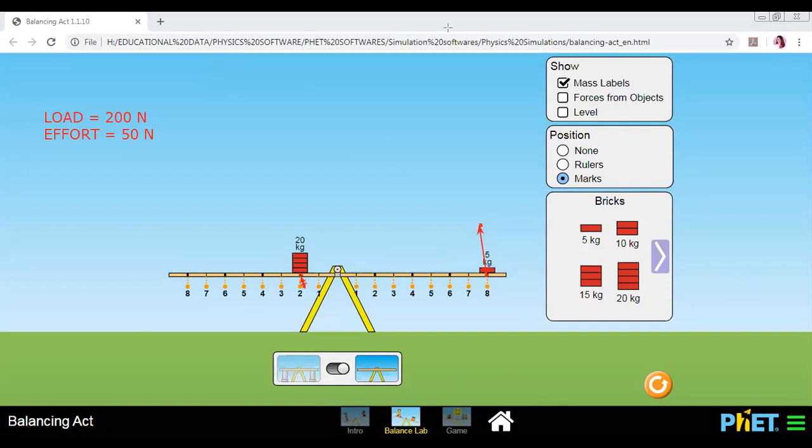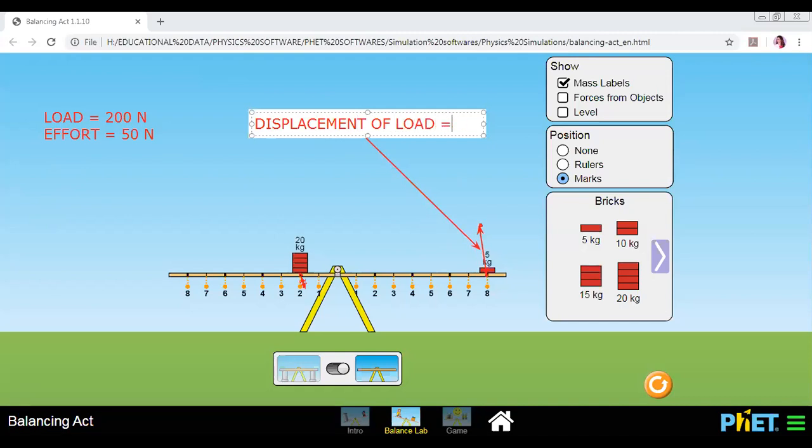So look at this, I will just mark it here. This distance is my displacement of load, which we label as small d.